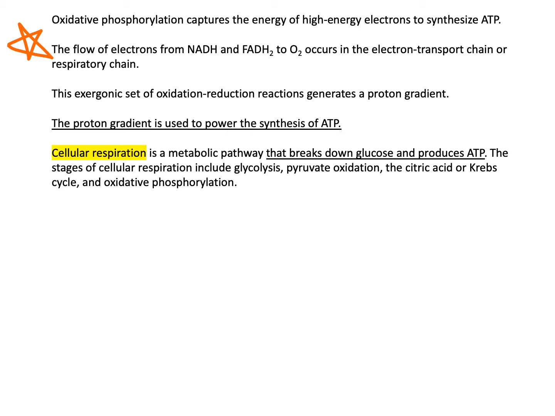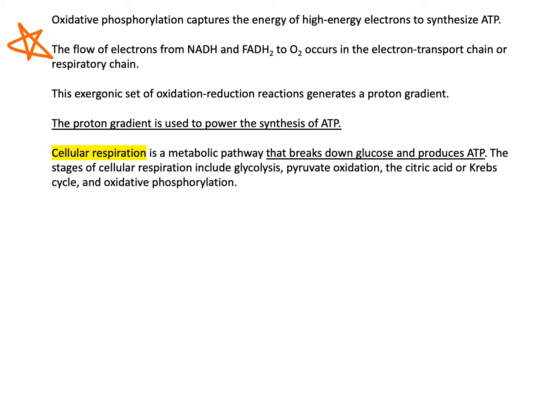The flow of electrons from NADH and FADH2 to oxygen occurs in this electron transport chain, or respiratory chain. This exergonic set of redox reactions generates a proton gradient. The proton gradient is used to power the synthesis of ATP. We're going to learn this in detail in Chapter 21.